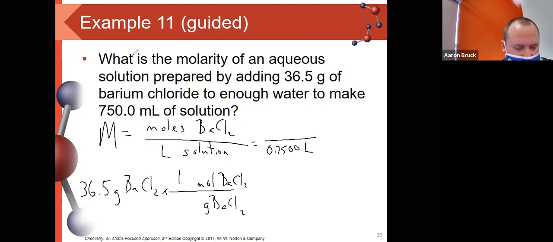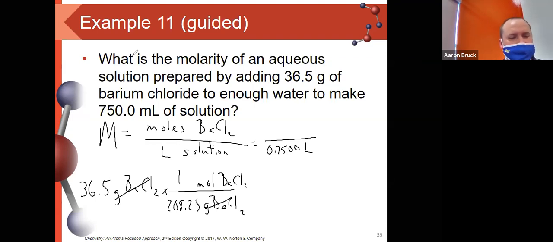Molar mass of barium, 137.33, chlorine is 35.45 times 2, since there are 2 of them, 208.23 grams per mole.